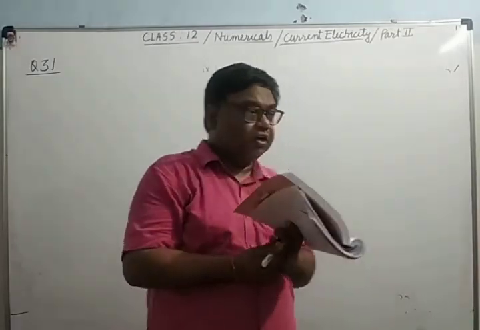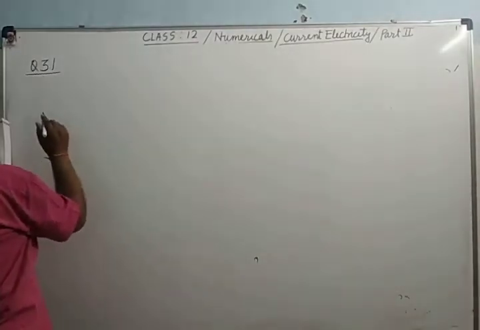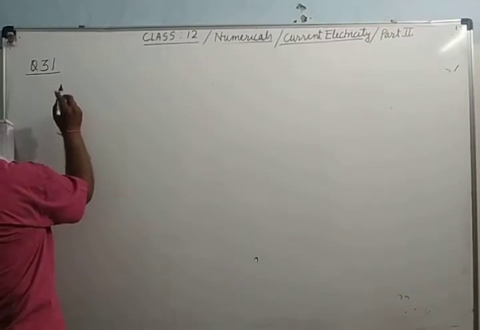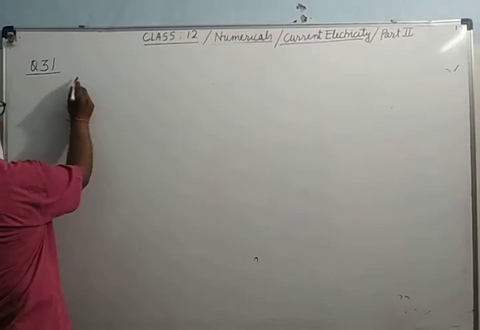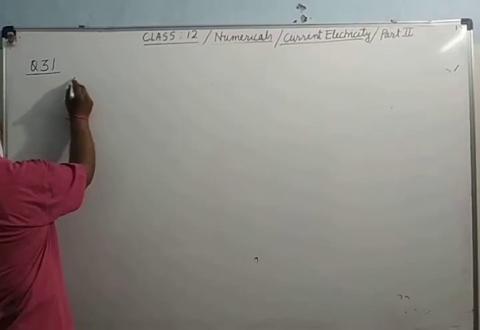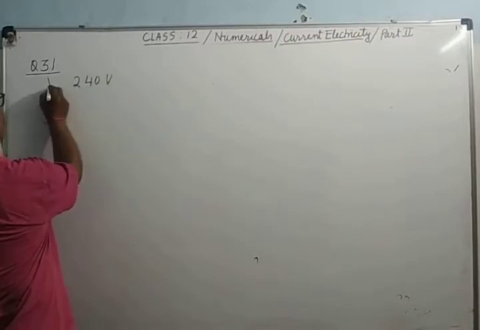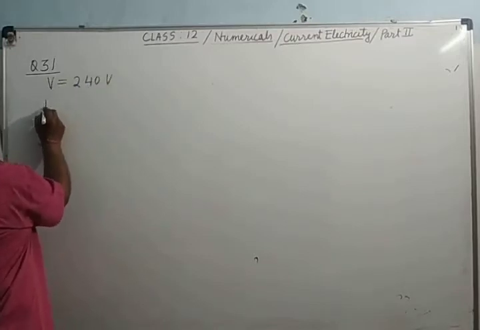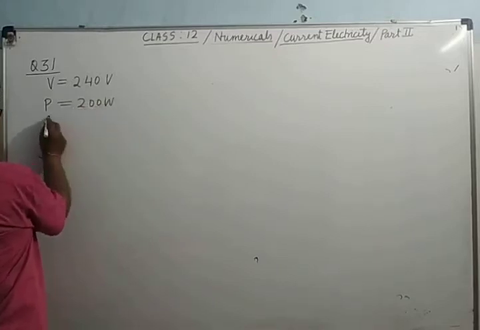Now question number 31. Find the resistance of 240 volt 200 watt electric bulb. Here V is equal to 240 volt and power is 200 watt. You have to find the resistance.